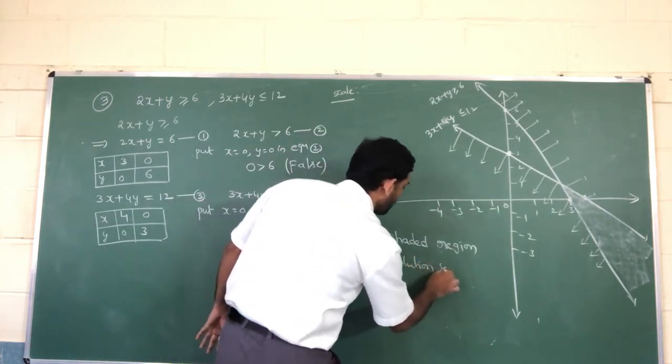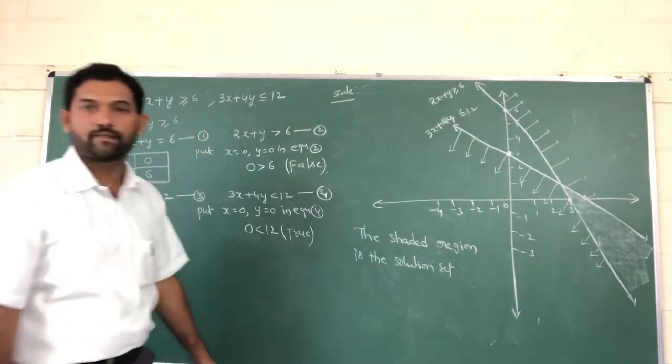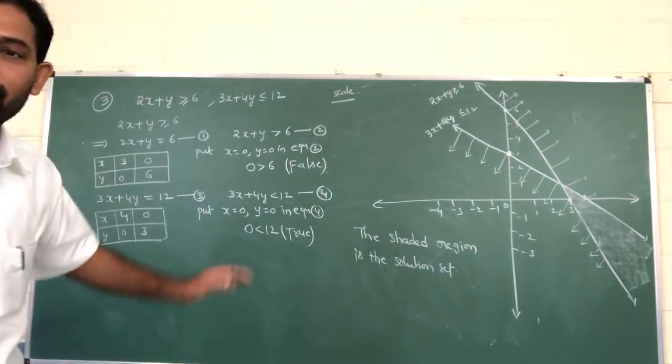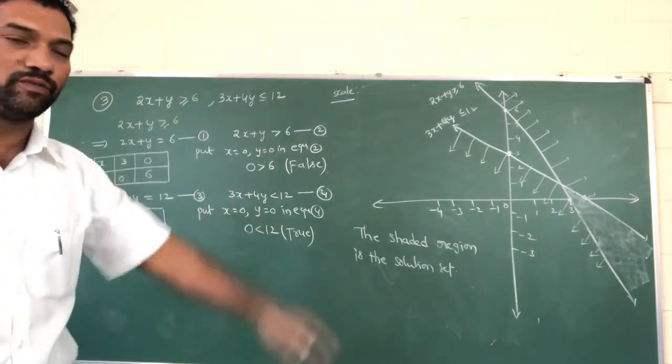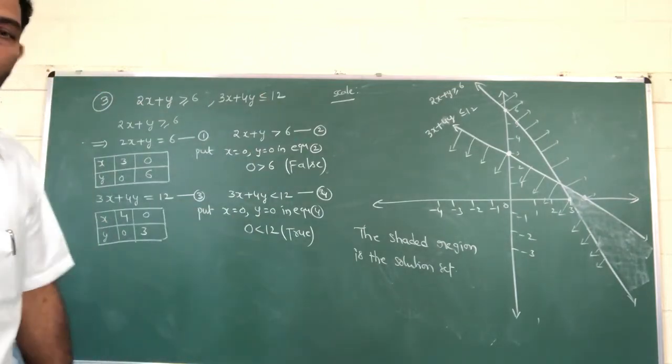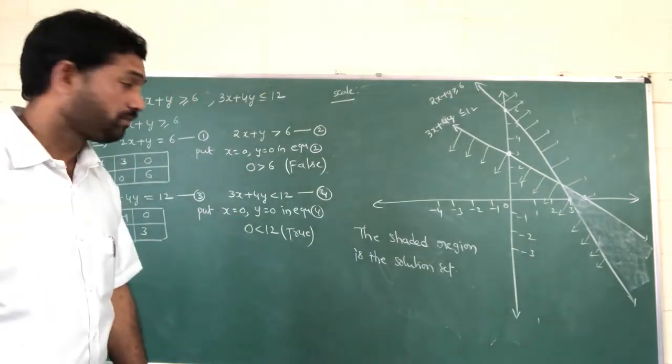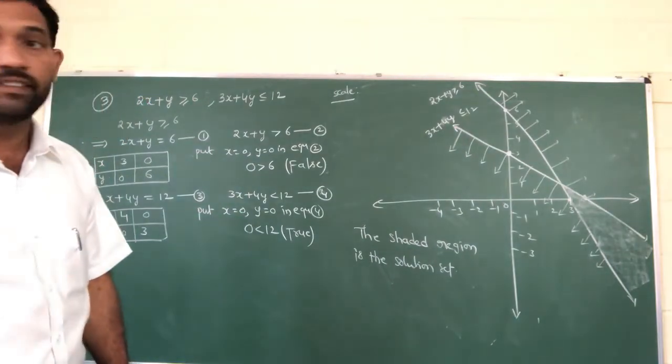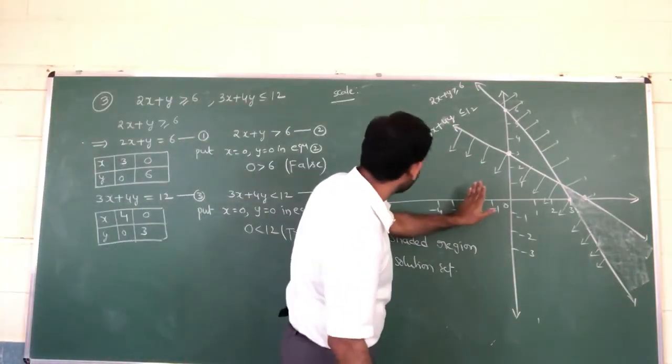The shaded region is the solution set. No doubt, I hope you are understanding. The shaded region is the solution set, so this is not your solution.